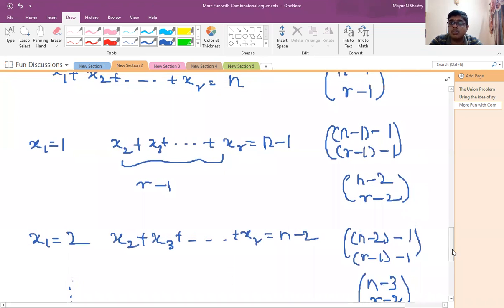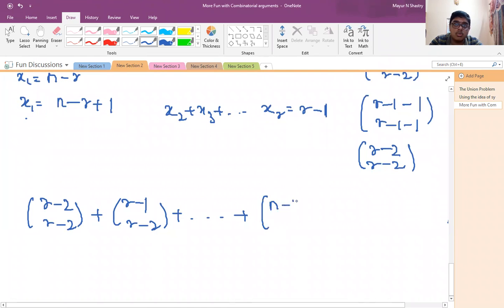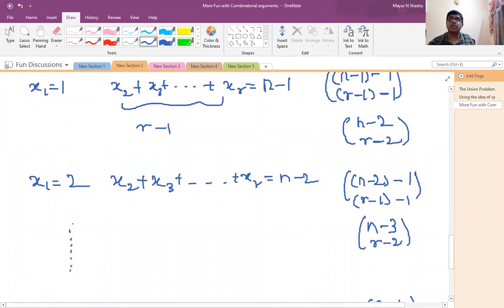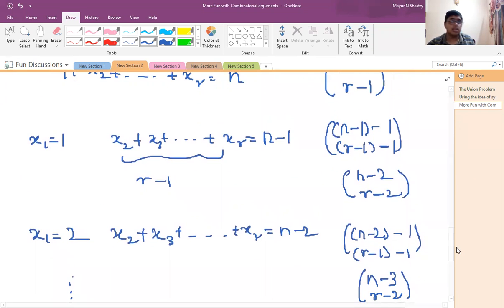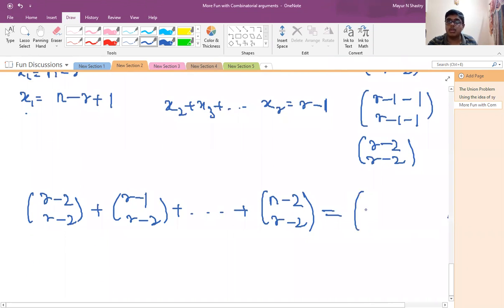Till this n minus 2, choose r minus 2. That gives us the total number of positive integral solutions, because this covers all the possible cases of x1 and does the rest other. So that would equal n minus 1, choose r minus 1.